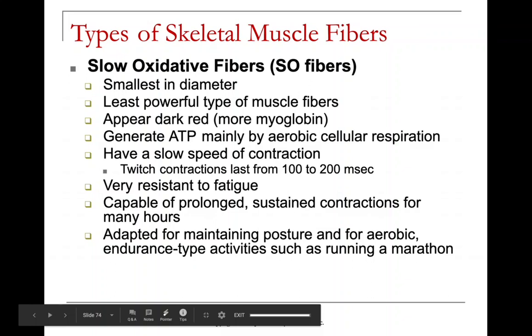They appear dark red, and they're generating a lot of ATP, primarily by aerobic cellular respiration. They have a slow speed of contraction that will last anywhere from 100 to 200 milliseconds. They're very resistant to fatigue. They can give you a prolonged, sustained contraction for many hours. So they've been adapted for maintaining posture as well as aerobic endurance type activities.